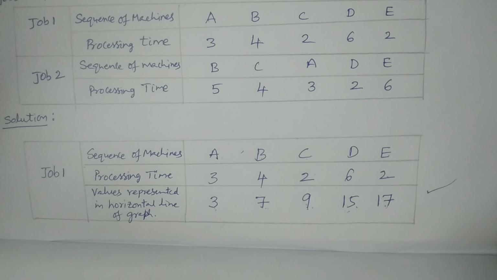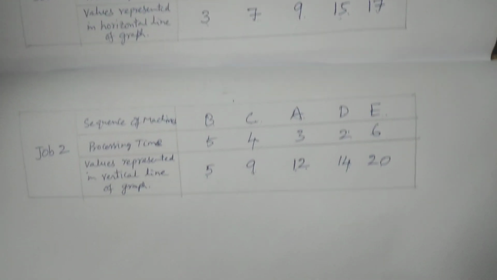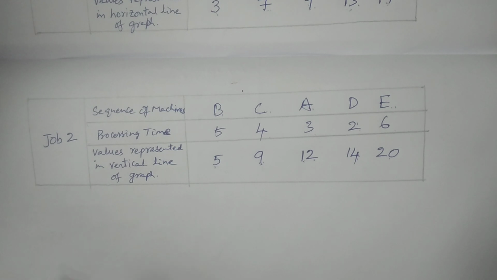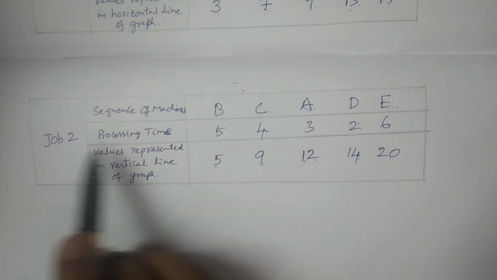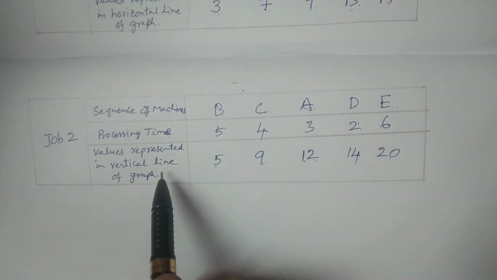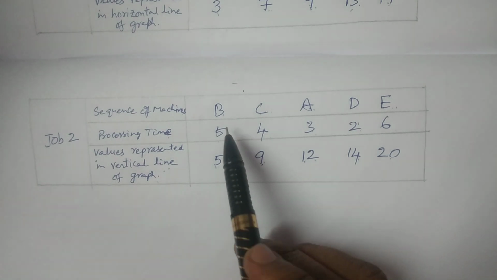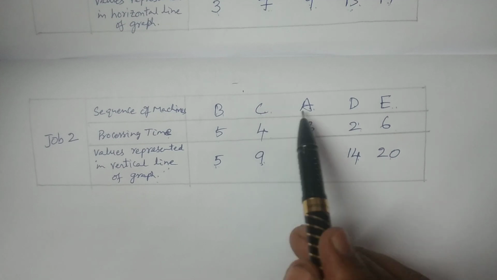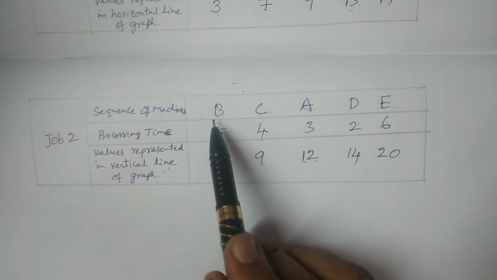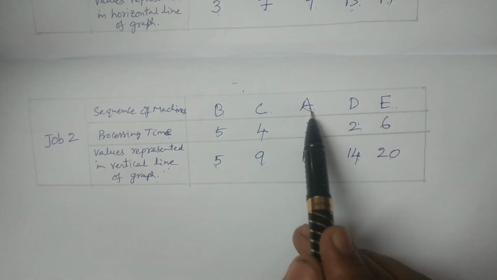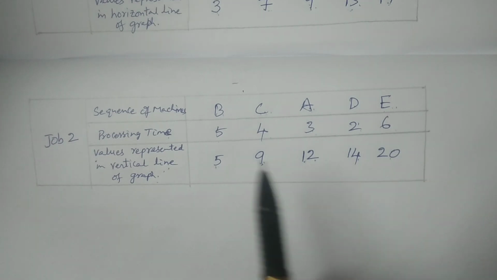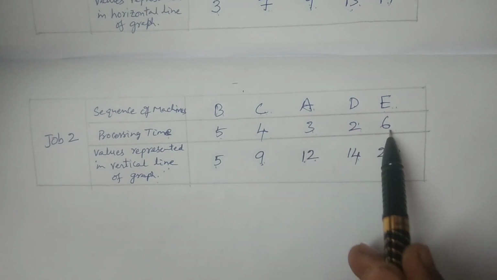And then after this, what do you have to calculate? What are the values represented in the vertical line? So for the vertical line, take job 2 and its sequence of machines, processing time, values represented in the vertical line of the graph. The sequence of machines is B, C, A, D, E, and processing times 5, 4, 3, 2, 6.